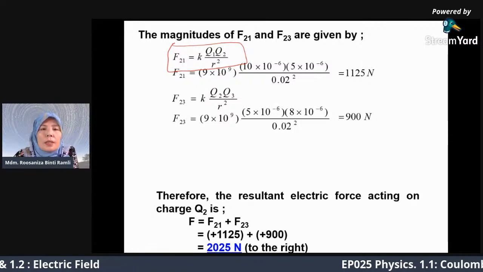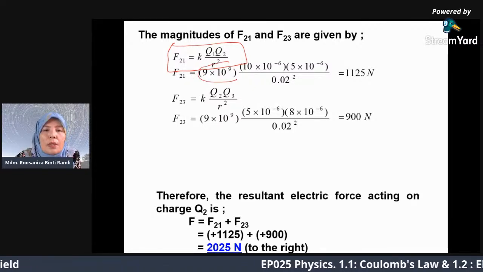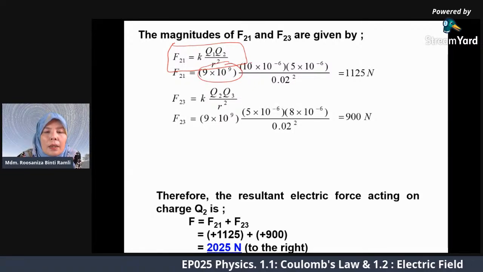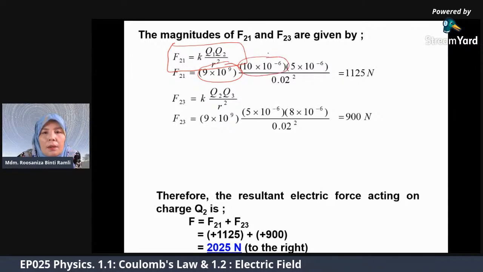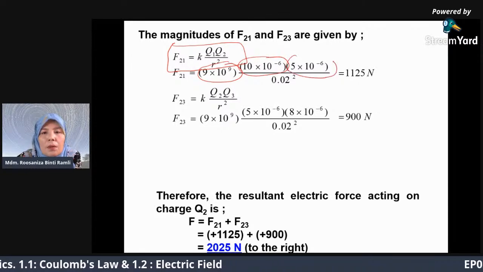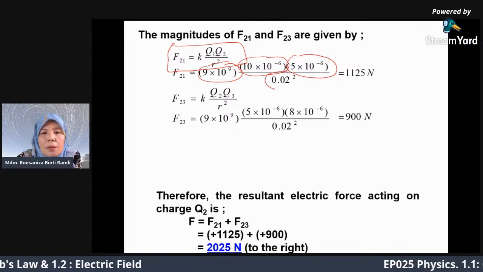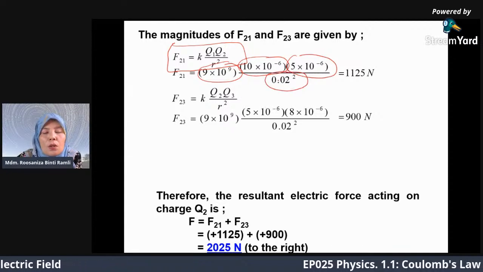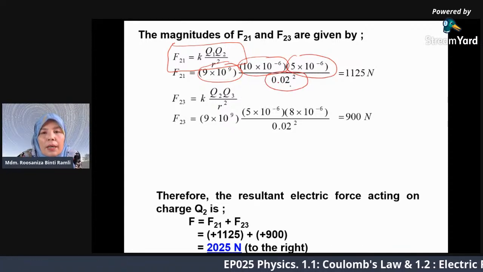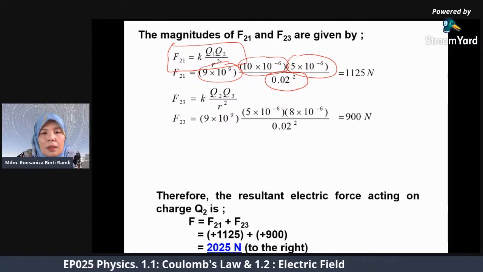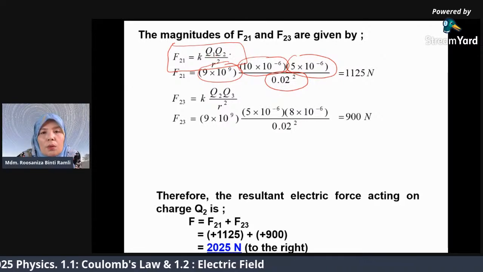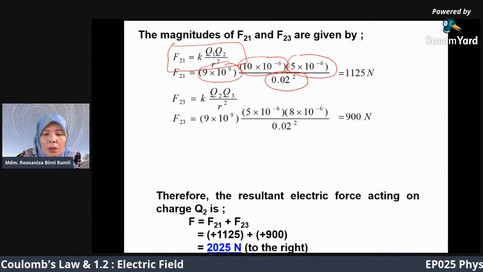In this case, k is a constant, and you need the value of Q1, the value of Q2, and the distance between the two charges. So you have to identify the value of r, which depends on the distance between the charges.